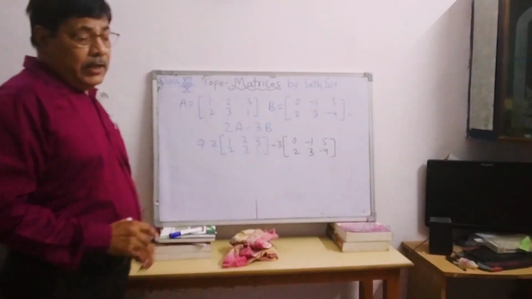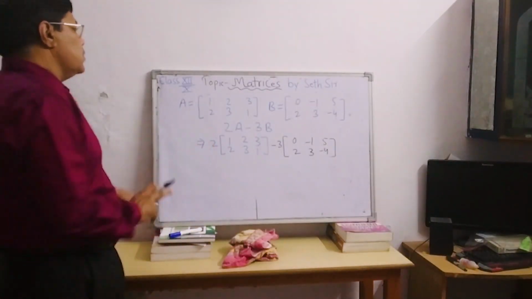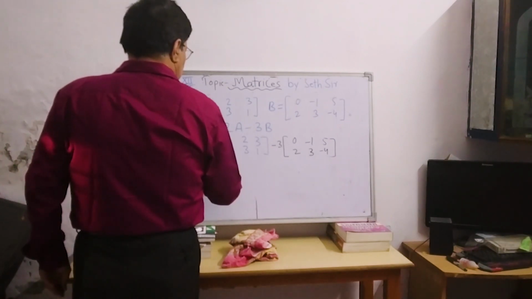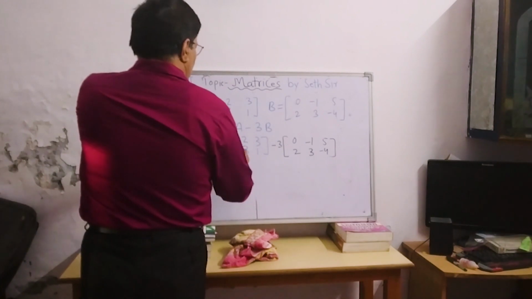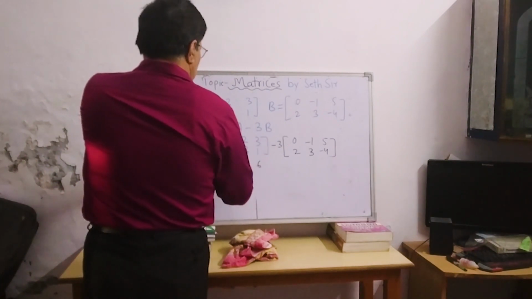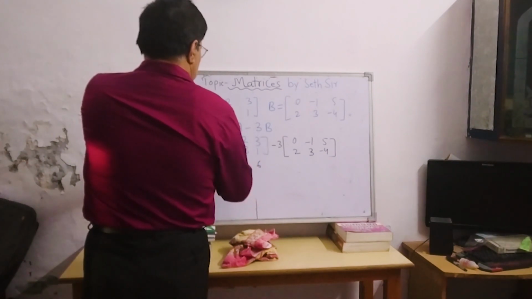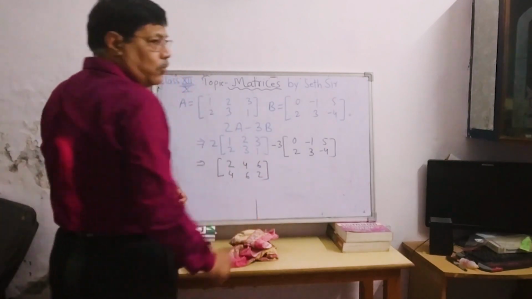Now open it, and each term will be multiplied by this 2, not only this one, all the elements. So multiply it, 2 into 1, what will come? 2. 2 into 2, 4. 2 into 3, 6. 2 into 2, 4. 2 into 3, 6. Then 2 into 1, 2. So this is 2A.